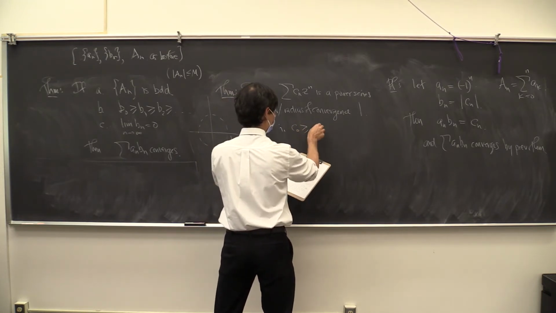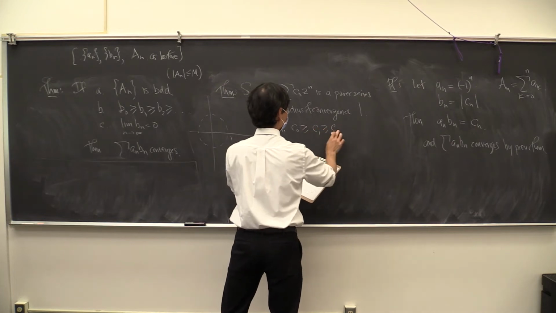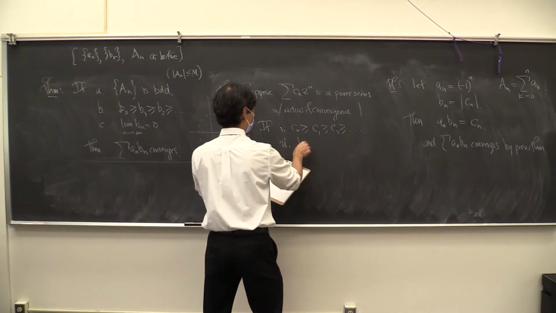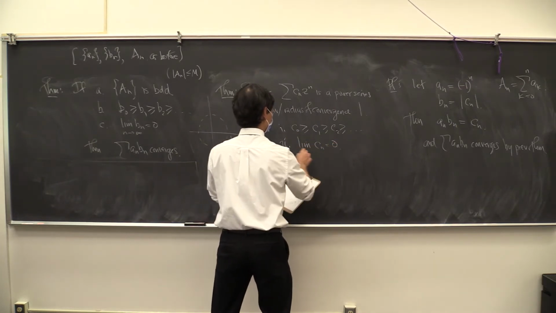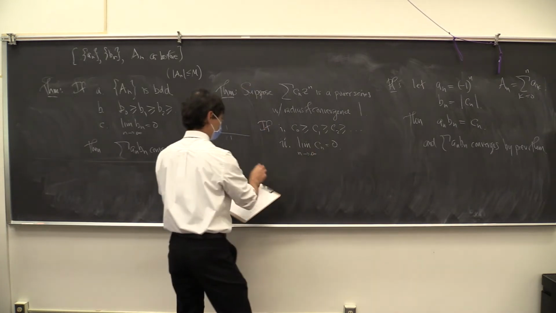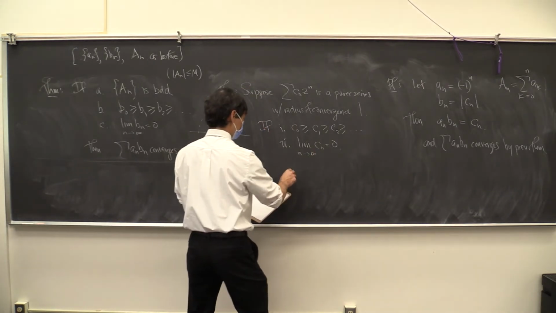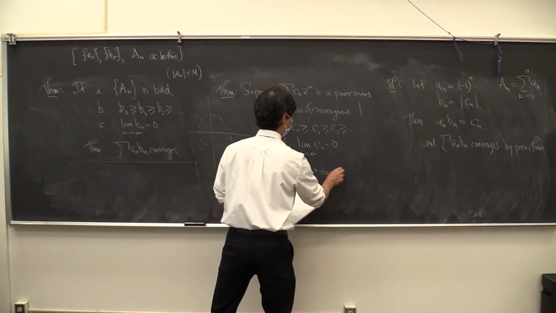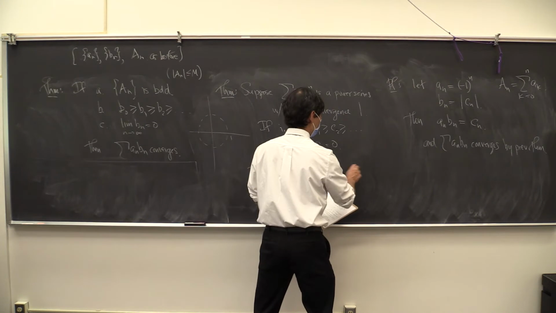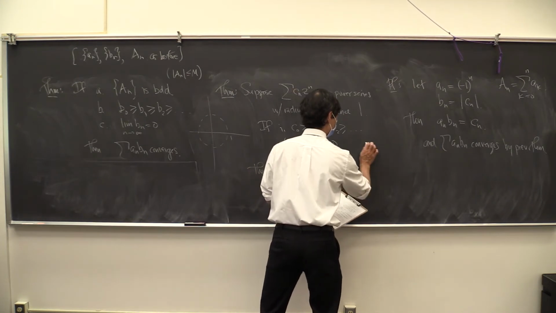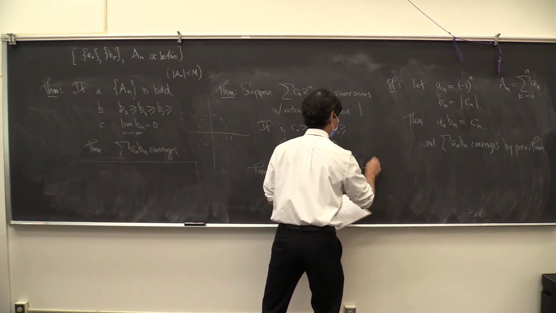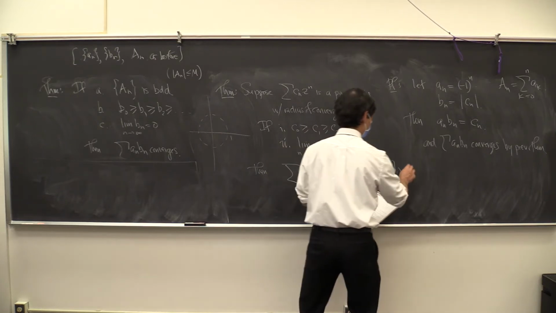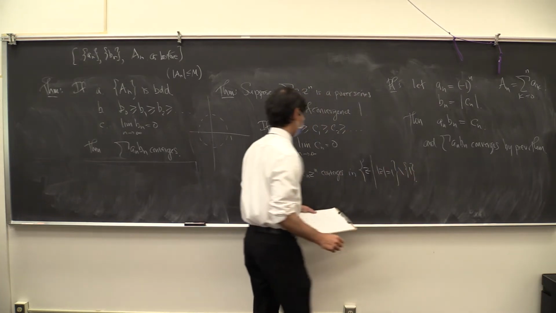If the coefficients are decreasing and they decrease to 0, then in fact the power series converges in the closed disk, excluding the point 1 itself.